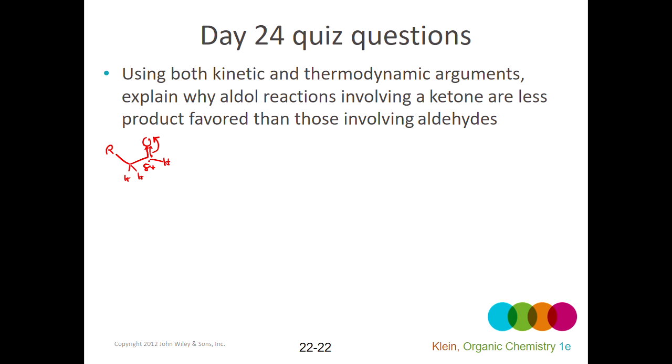So that's a lot of positive compared to a ketone, where I'd have a carbon here that could donate electrons through induction and hyperconjugation so that the amount of positive here would be less. So if we're looking at the kinetics, the ketone reactant is going to start a little lower in energy than the aldehyde reactant.